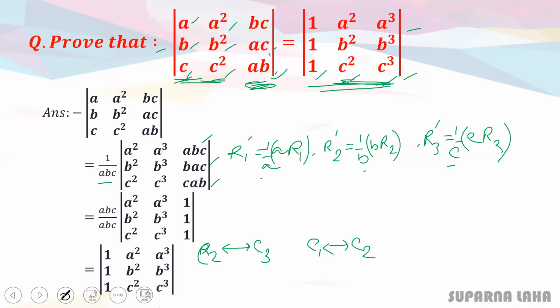Firstly, interchange C1 with C3, and then C1 with C2. I'm writing these 2 steps in a single step and writing down this answer. You just need to write in words that you are interchanging 2 columns.